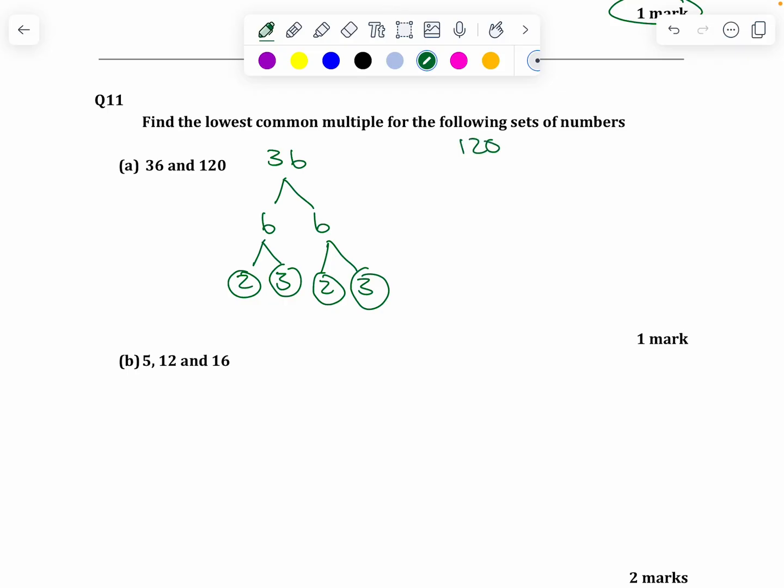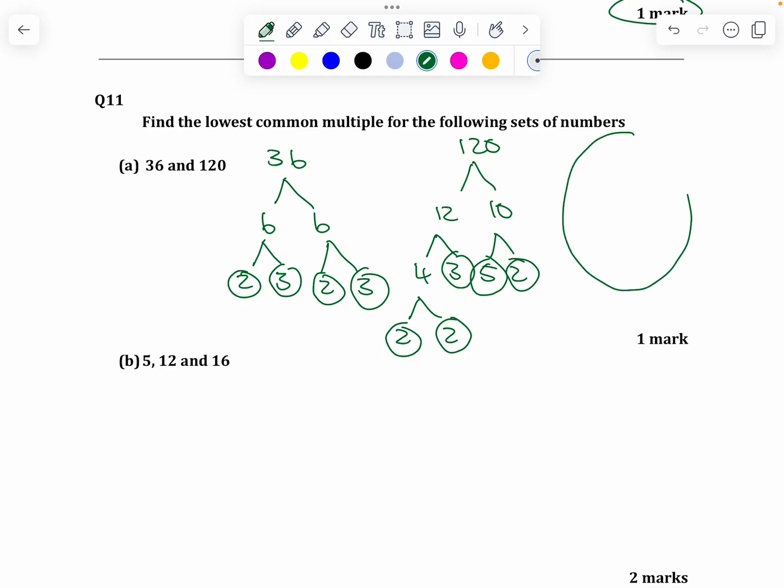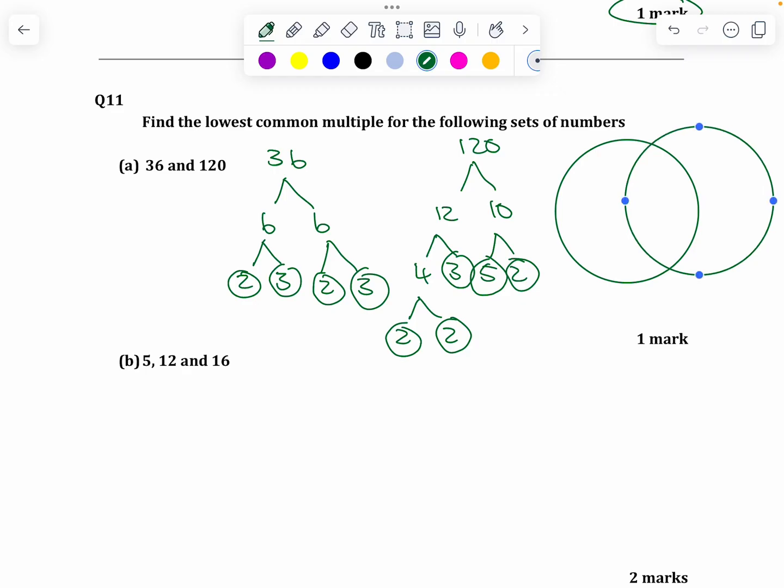Do the same here for 120, and circling my prime numbers, which I think some of you forgot what your prime numbers were. So some of you need to get better at just your revision. Okay. Draw my circles for my Venn diagram.